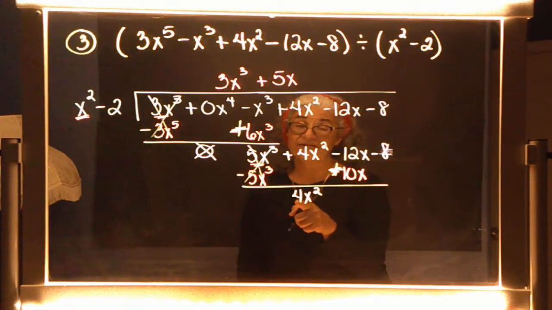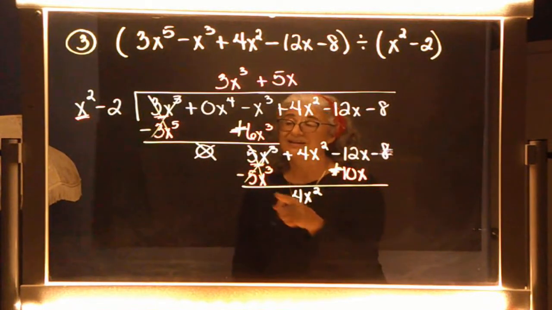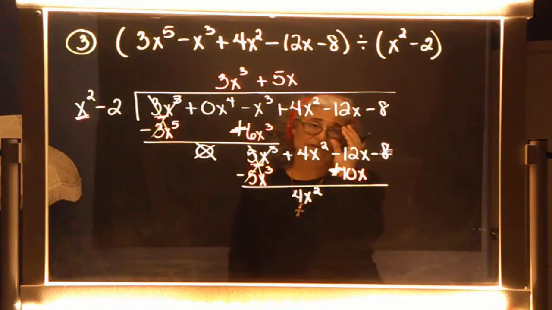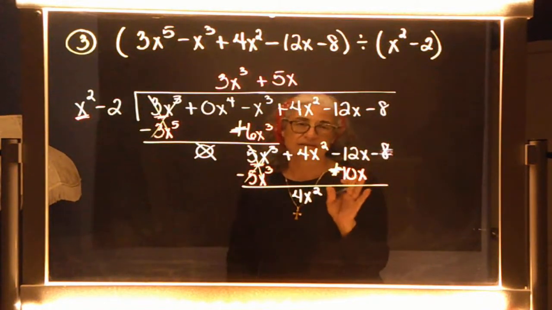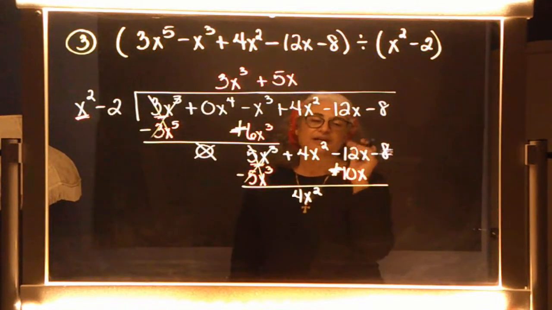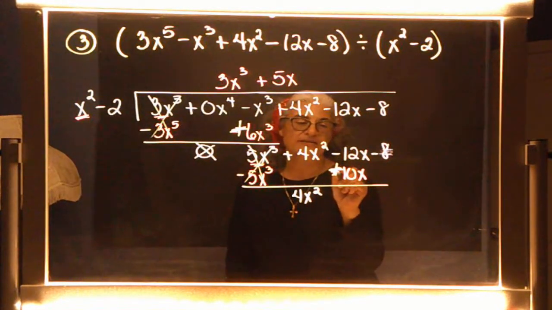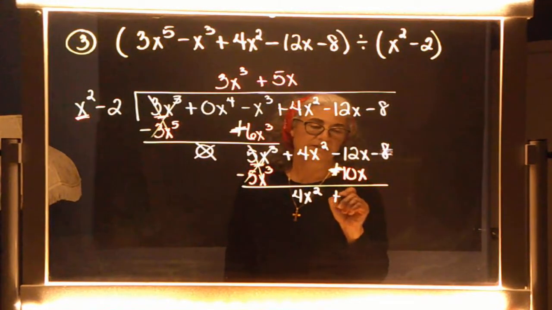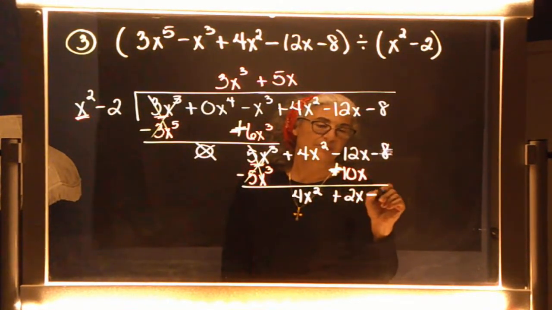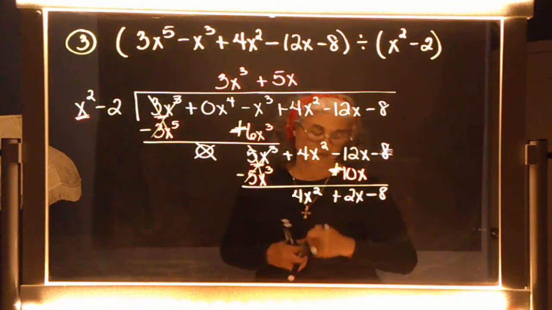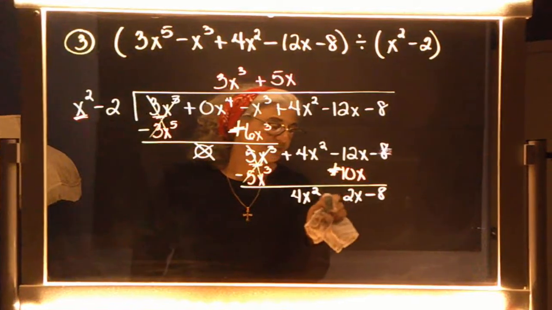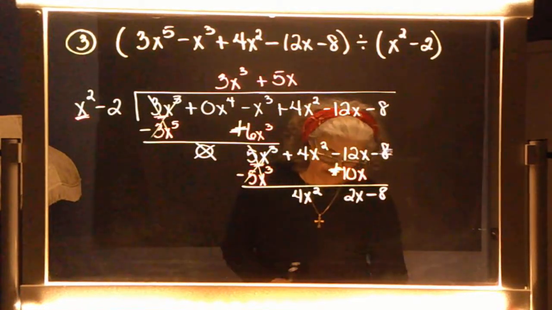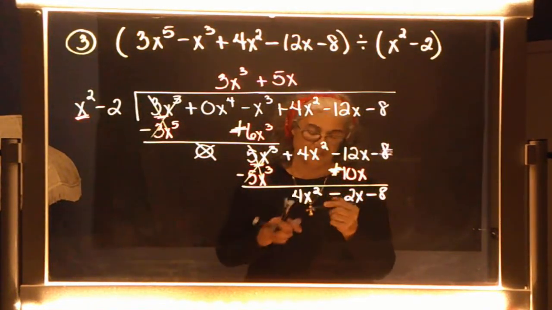Because that 4 I'm going to have to deal with. 0 doesn't do anything for us. Good? This was just a placeholder and we didn't need it. Good? Okay. And then I have a negative 12x plus 10x. Good. Positive 2x. And then oops, not a positive 2x. What am I saying? Did you guys catch it? I hope you did. It's not a plus 2x, it's a minus 2x. You know as well as I do, right?